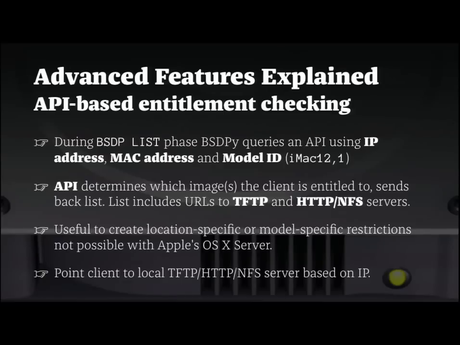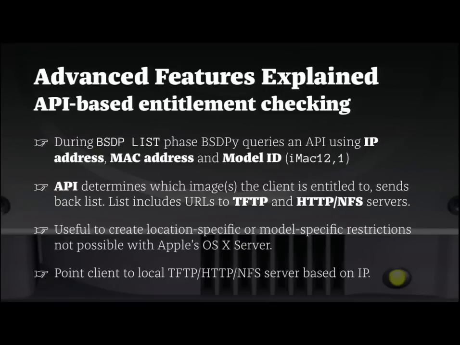The idea is that your API endpoint, when this client checks in, gets a request with those 3 bits of data, does stuff that is up to your specifications to determine, based on either IP, MAC address, or model ID, or a combination of the 3, what NetBoot image it should get, or where to go for that image.